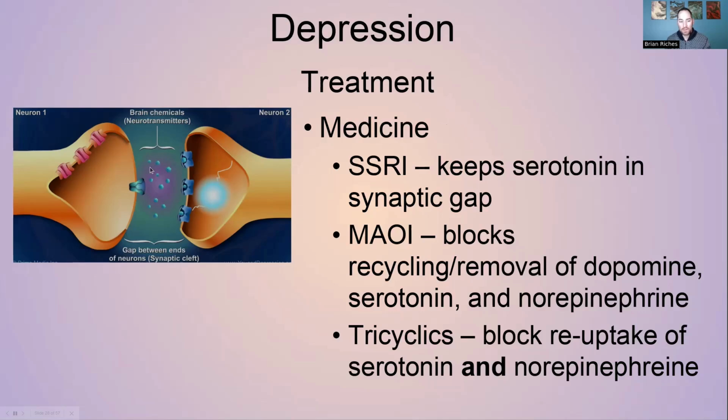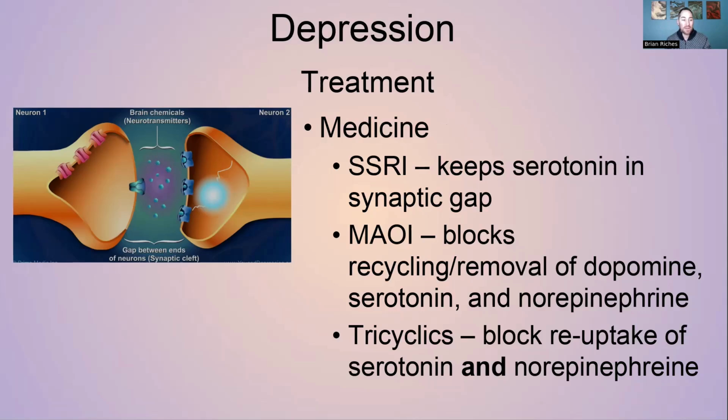You can't have those monoamine oxidases come in and vacuum those up and take them away. So kind of the same thing, it tries to keep some, but it works with norepinephrine and serotonin, versus SSRIs, which are only working on serotonin. And then the last one is tricyclics, and they again block the reuptake of serotonin and norepinephrine. Oh, the MAOIs also are working on dopamine too. So MAOIs: norepinephrine, serotonin, dopamine; tricyclics: serotonin and norepinephrine. So these can all be really effective and helpful with treating depression.